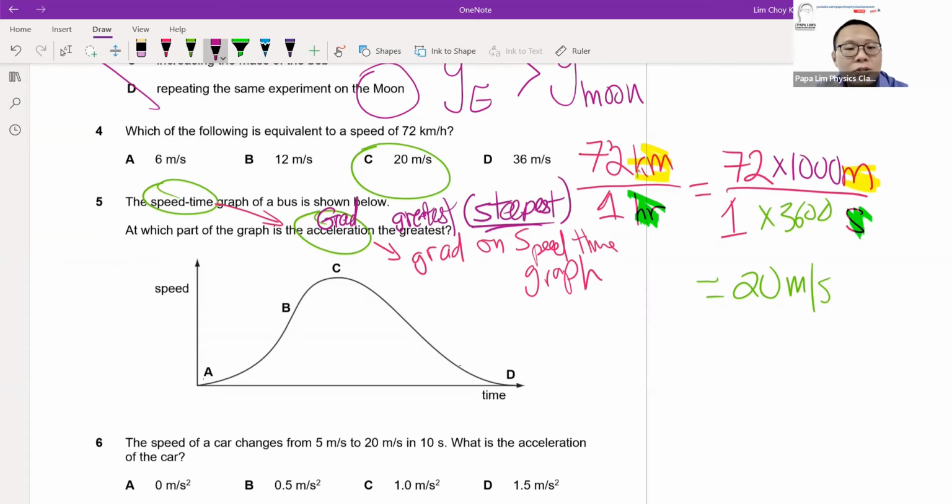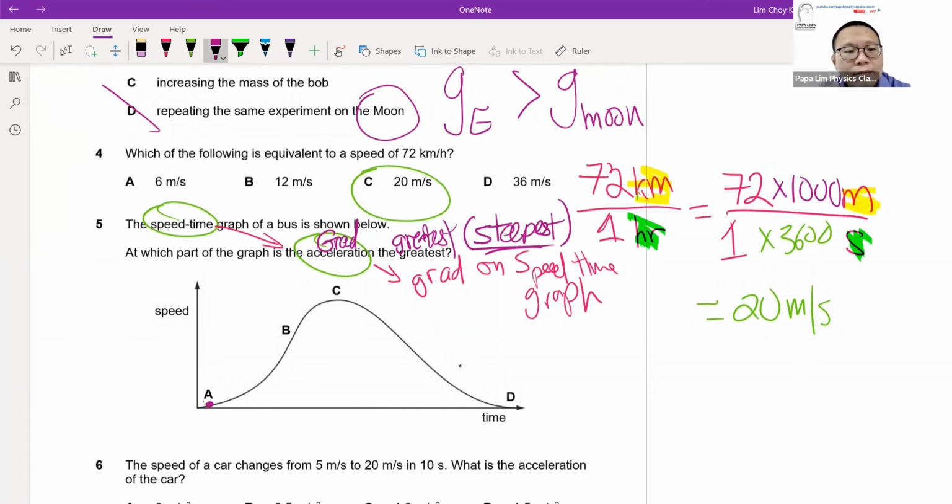So what we do is look at each of the lines. For example, at A, the tangent is roughly here. This will be roughly the gradient of the line at A, or what we call the speed of the bus at A. As for B, the gradient at this point cuts the curve one time. You'll find that the purple line is the gradient at that point on the graph. Comparing the purple line and the blue line, the purple line is steeper.